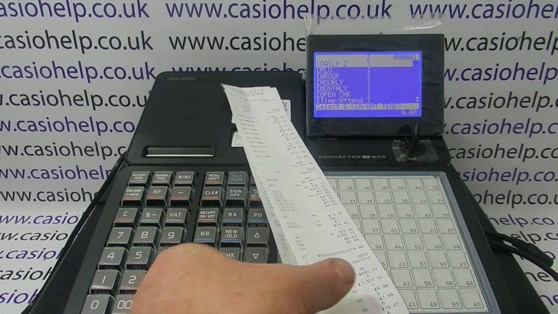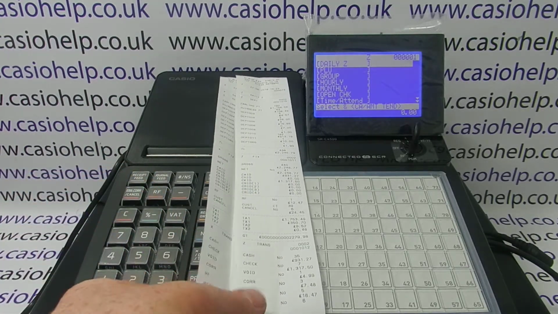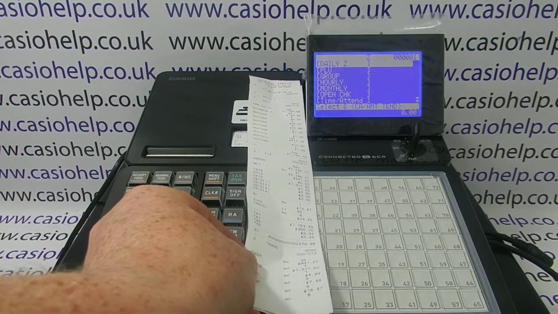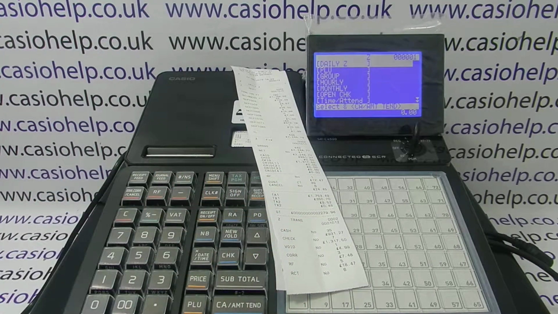So yeah, the Z report is normally the report that you run at the end of the day, which is why Casio call it a daily Z. It does cause a bit of confusion because the report is only daily if you remember to run it every day. If I was trading on this till for a week and only ran X reports, all the X reports would be doing would be adding up and giving me bigger and bigger totals.